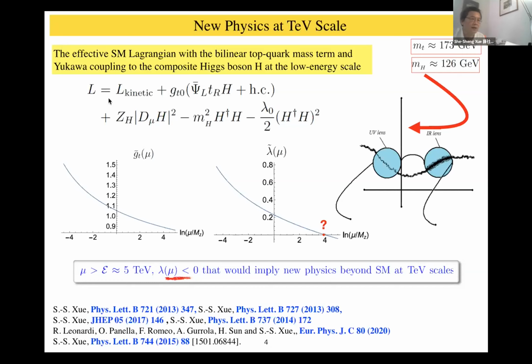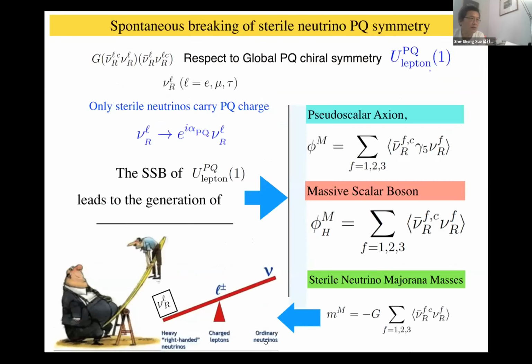With everything fixed, if we implement the experimental values of the top quark and Higgs particle, we found something happens at the TeV scale. That means the theory is not self-consistent, and something must happen at the TeV scale. This has been studied. Now let's go to the next slide. Next. We are not going to discuss this carefully now.